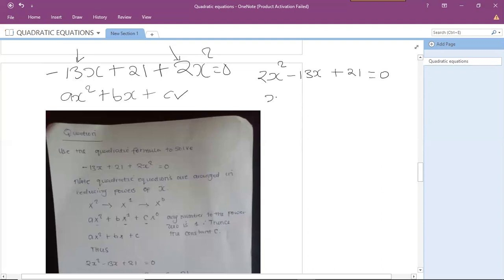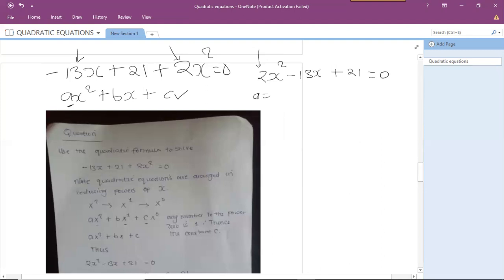Actually, before stating the quadratic formula, we start to assign coefficients. A is the coefficient on x squared. So here x squared, what's the coefficient there?